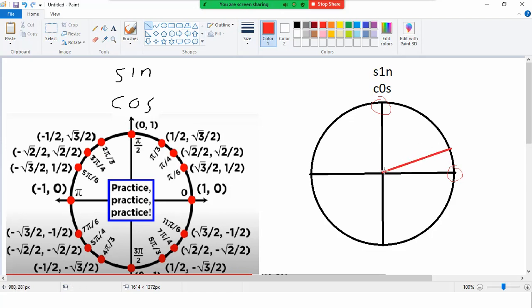We have 45 degrees. And then we have 60 degrees. All right, once you have this quadrant memorized, then the rest of it will come in.